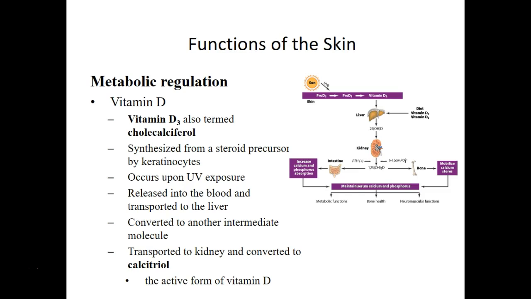This is going to be released, enters our blood, and is transported to the liver. From there, it is converted to another intermediate molecule and is moved to the kidneys. And then in the kidneys, it is converted to calcitriol, which is then released anytime our calcium levels in our blood decrease.